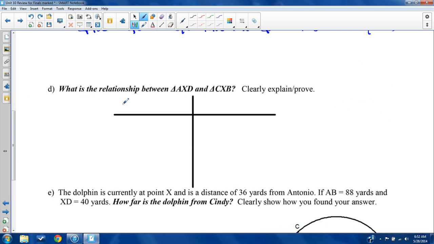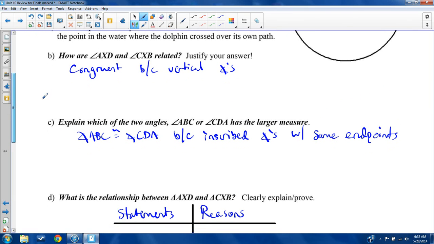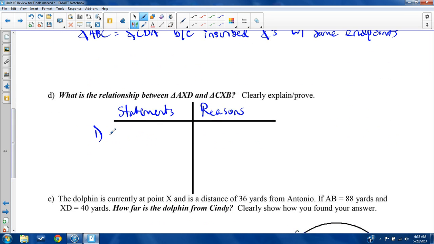And we practiced two-column proofs extensively lately. This is only going to be a three-step thing. We have these two things. They're not given, but we now know that they are. We know that AXD is congruent to CXB because vertical angles. So, step one, angle AXD is congruent to angle CXB.